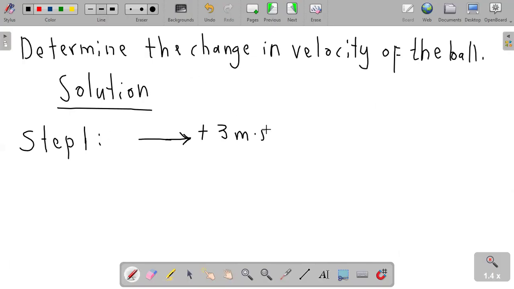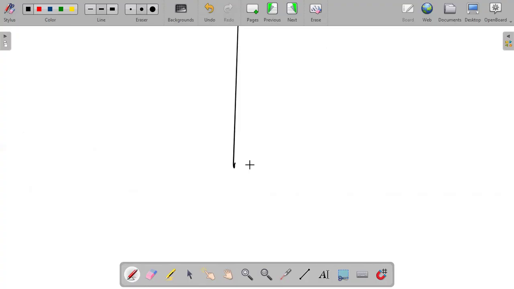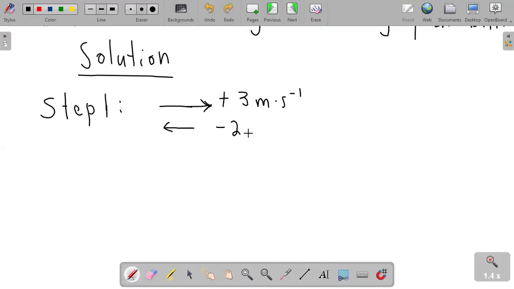So to the left is going to be negative 2 meters per second.